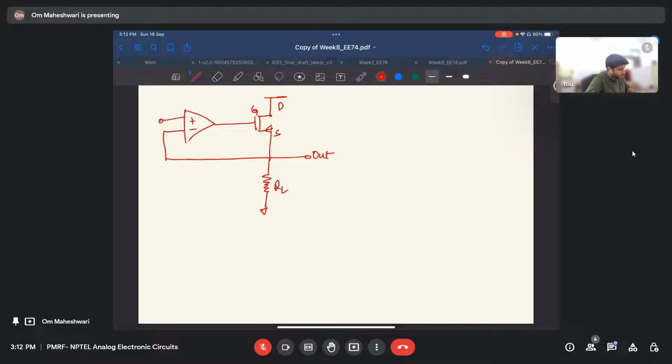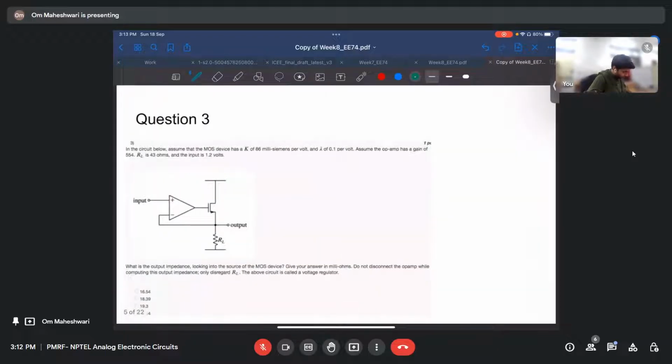Okay, so this circuit is given. This is an NMOS, and we have to find Z out seen from here. As we usually do to find Z out, let us apply some voltage V here, and let the current flowing through here be I. In the question it is given that we can disregard RL in our calculation.